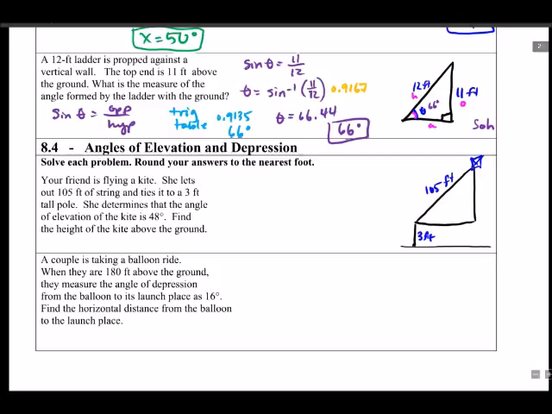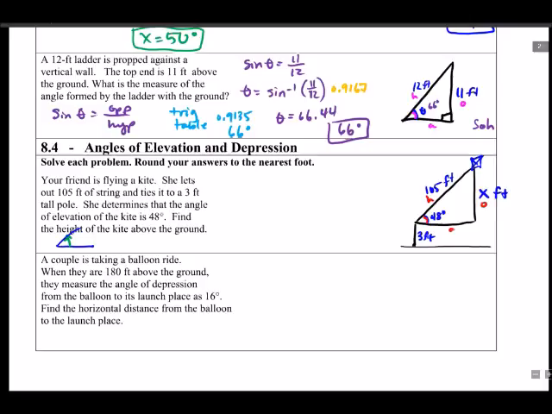Angle of elevation means that we've got a horizontal and we're looking up. So that angle there is 48 degrees. So there's our angle of elevation, 48 degrees. How high is the kite above the ground? So that's our x feet right there. All right, we mark our angle.